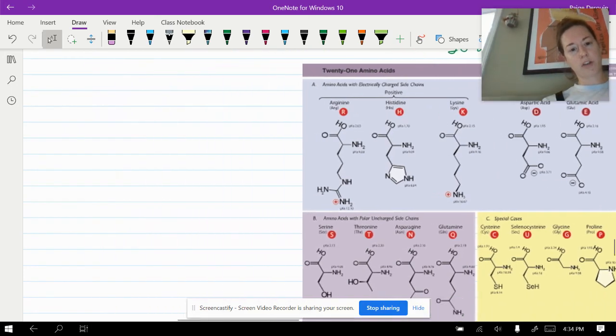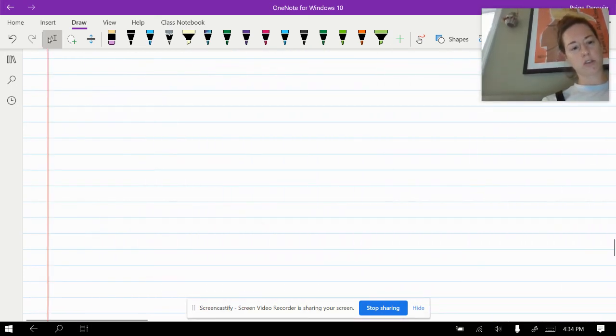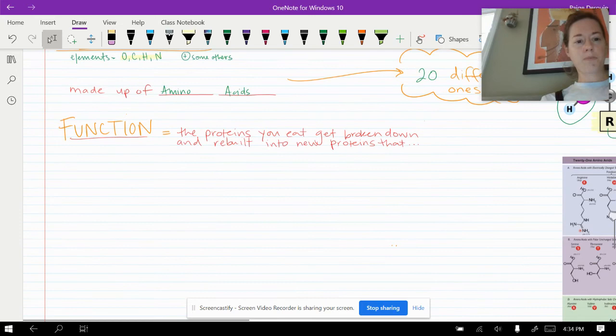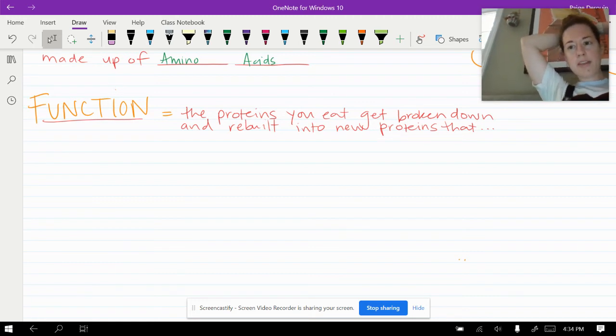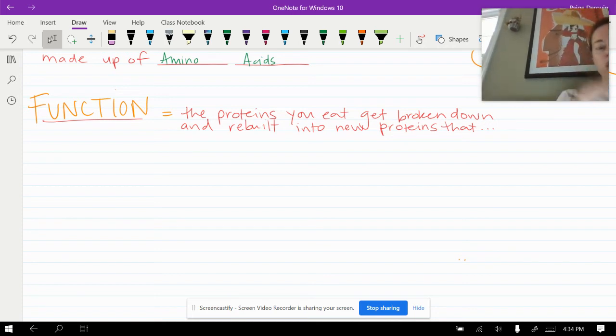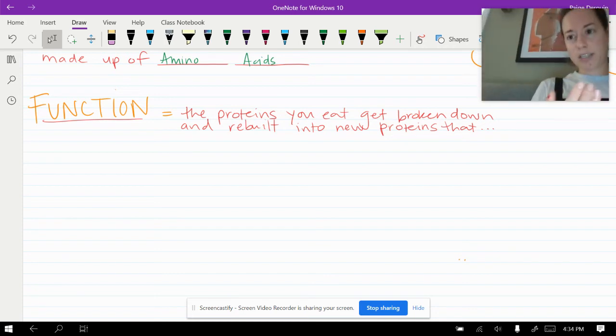Okay, let's go back over here and talk about functions. So the function of proteins is that when you eat them, they get broken down by your body, and then the amino acids from the proteins you ate are used to rebuild the proteins that your body actually needs to survive.